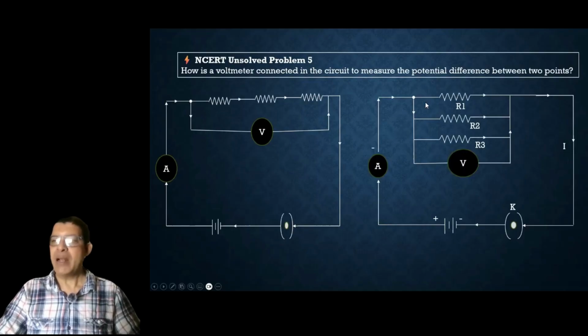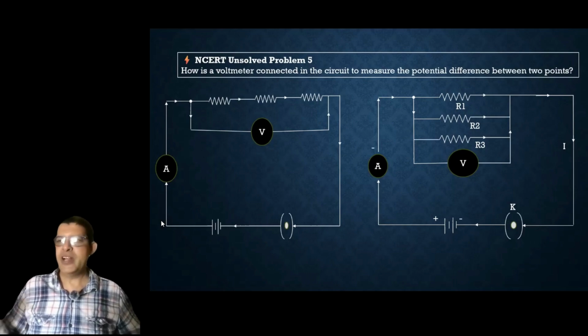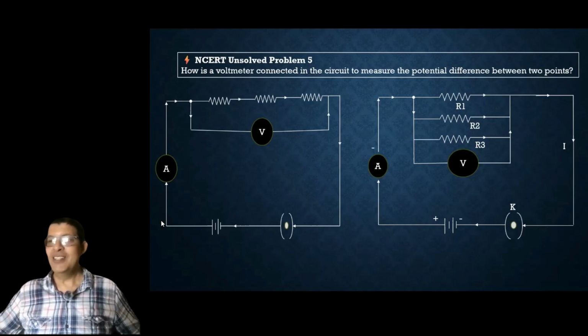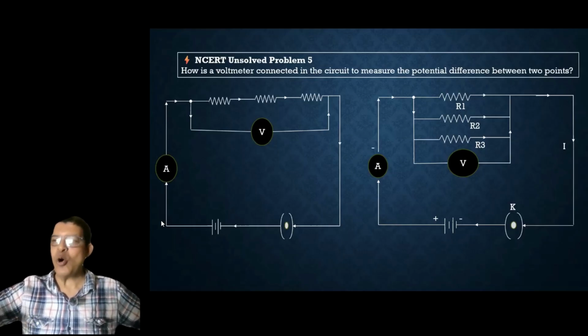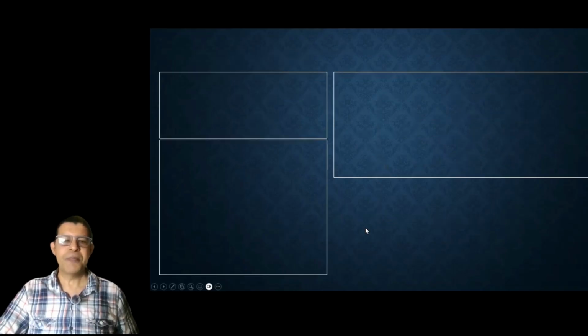Even for a parallel combination of resistances, if you want to measure the voltage, it is still connected in parallel. That means voltage ka left and right hand will join the left and right hand of all the resistors or all the wires in the particular circuit. So this was an easy question. So we'll move ahead to the next question.